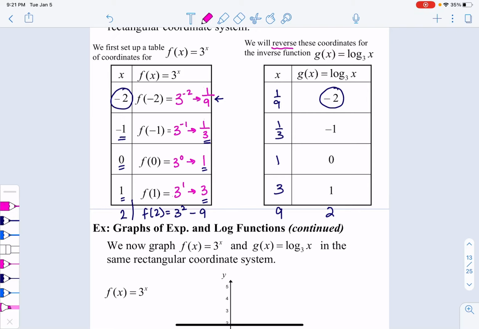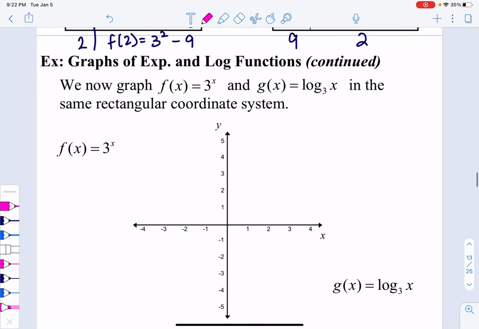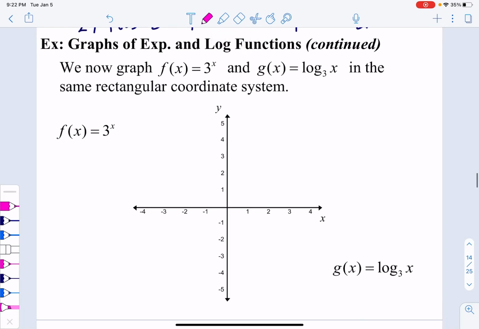If we were to take these two tables and plot some of these points out, I'm going to graph our regular exponential function first. I'm just going to use some colors. I'm going to use pink. So f of x was equal to 3 to the x. We're going to graph that the exact same way we would have graphed it back in section 3.1. At -2, we were at 1/9. At -1, we were at 1/3. When we were at 0, we were at 1.